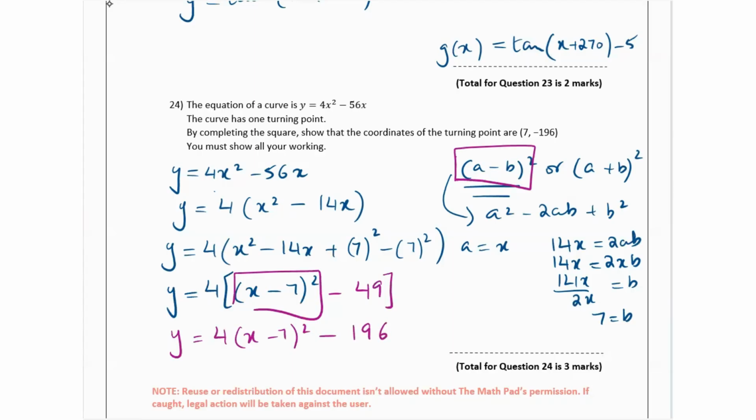So this is your completed square form. For the turning point, the number that's being added or subtracted to x is the x value of the turning point, and the number that's outside is the y value. So we can see that it's 7 and negative 196, as shown in the question.